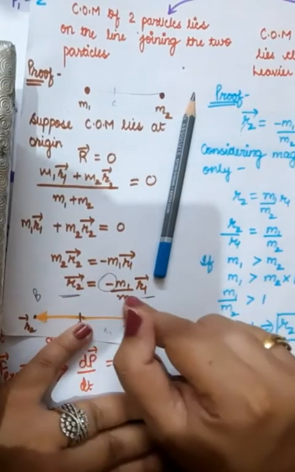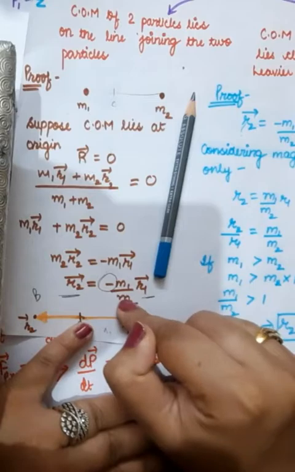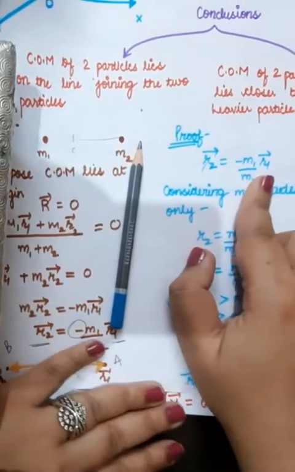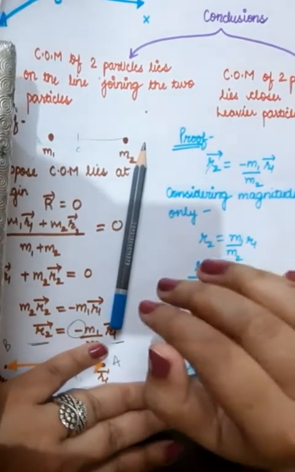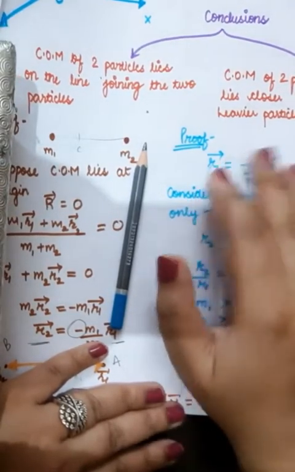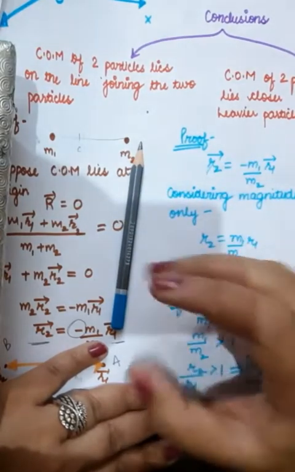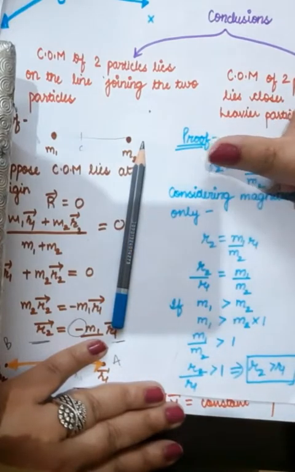Here, till here, you have derived R2 vector equals to minus M1 upon M2 R1. So this is what I am going to write over here. And then if I consider magnitudes only, I know this is a vectorial relationship, but if I consider the magnitudes only, I need to ignore the vector signs.